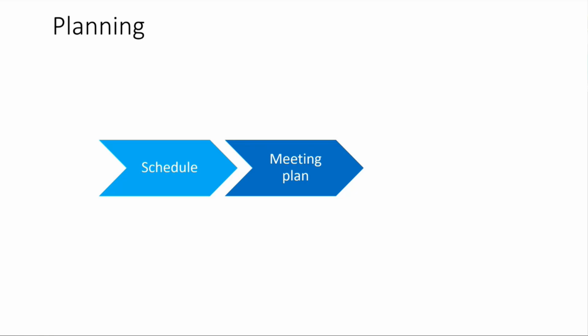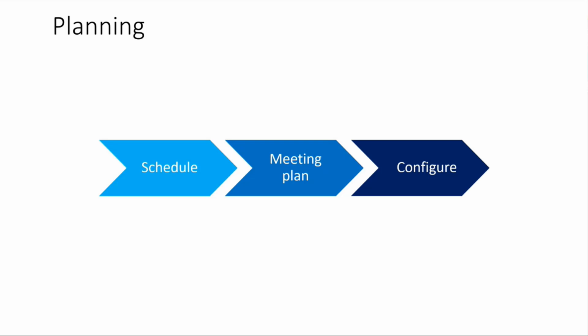Otherwise, you can end up with an unplanned meeting without any structure, and everyone can go in a different direction during the meeting. And there is a very important thing, configure. You can configure a meeting, or in many cases you should configure, or at least check your current configuration.